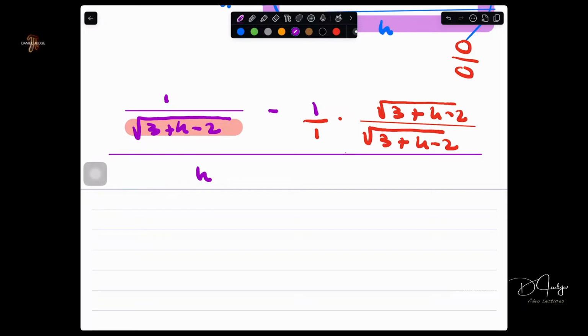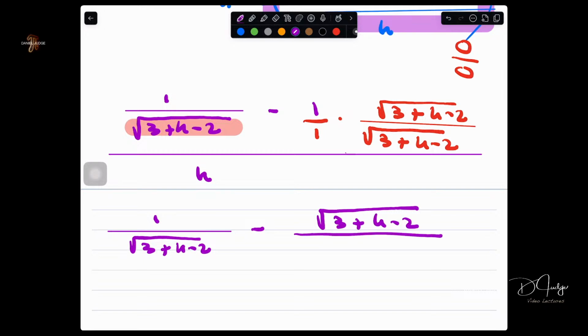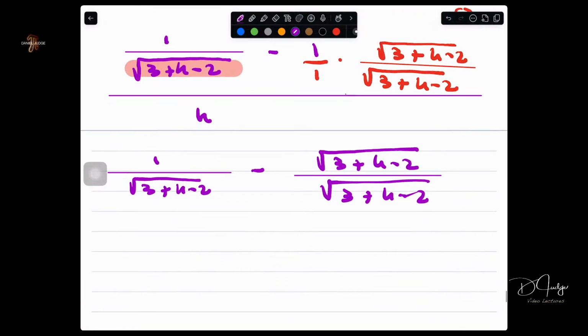You end up with 1 over the square root of 3 plus h minus 2, minus the square root of 3 plus h minus 2 over the square root of 3 plus h minus 2, everything over h.